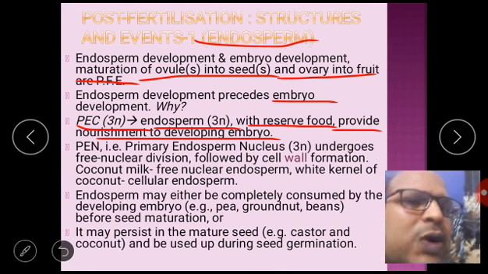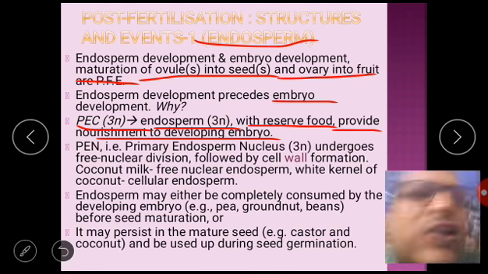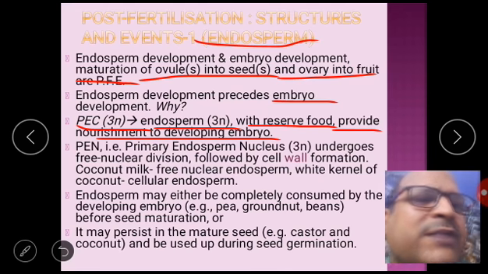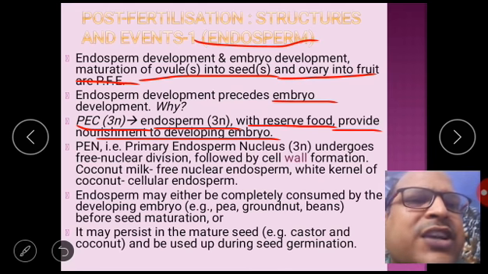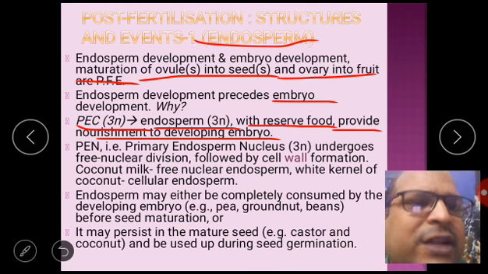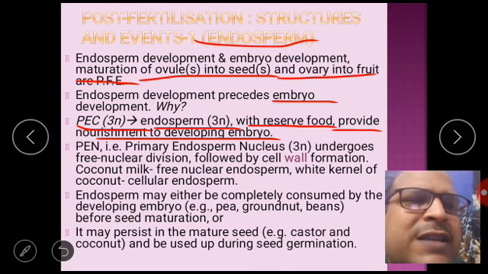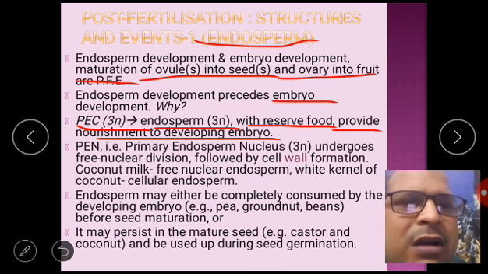If there is no endosperm, then how will the embryo develop? Because embryo wants nutrition, and that nutrition will be provided by the endosperm. So first endosperm should be produced; simultaneously the development of embryo will also start, but first endosperm development should start.